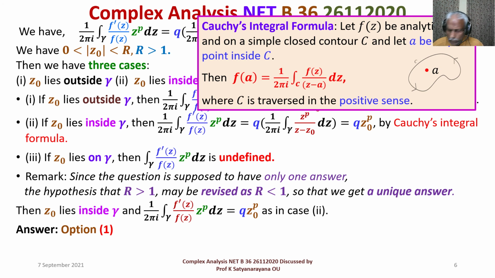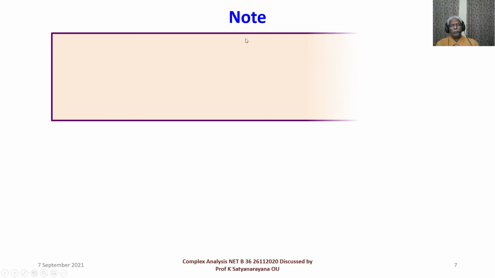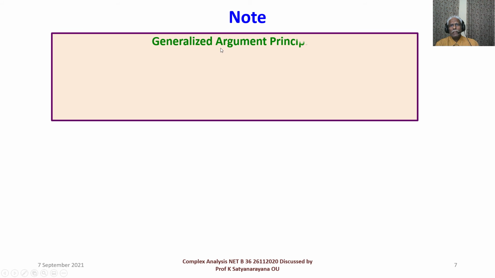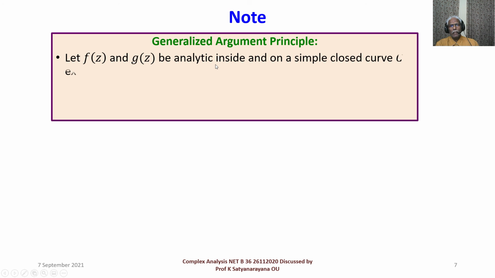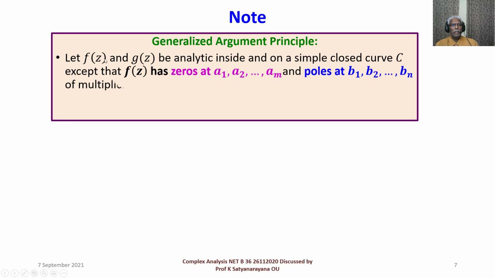But I will add, this result can be obtained from a very generalized theorem. Note, generalized argument principle. What is the generalized argument principle? Let f z and g z be analytic inside and on a simple closed curve C, except that f of z has zeros at a1, a2, am.